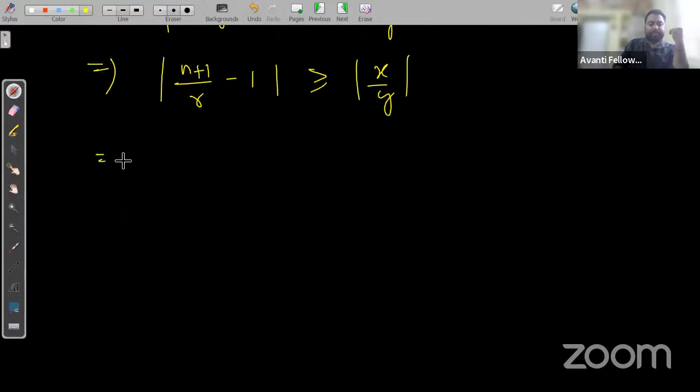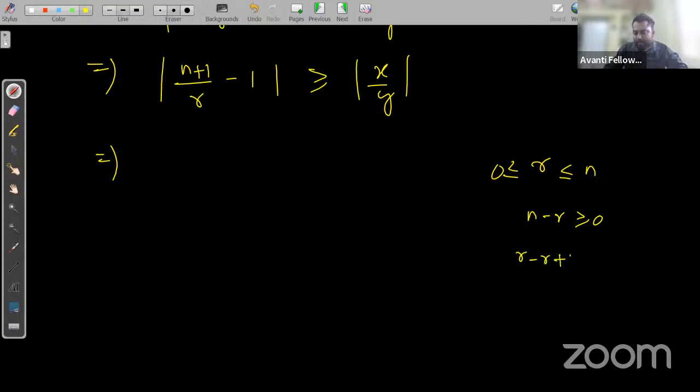See here, we know r is always greater than or equal to 0 and less than or equal to n, right? So if r is less than or equal to n, then n minus r will be greater than or equal to 0.